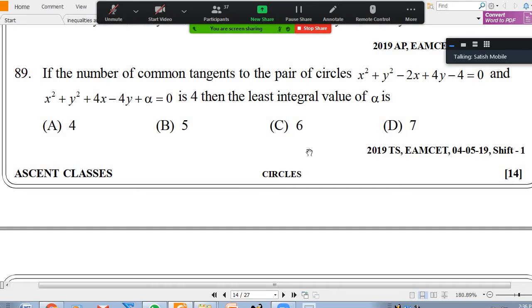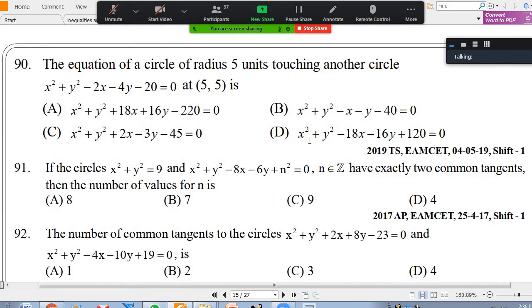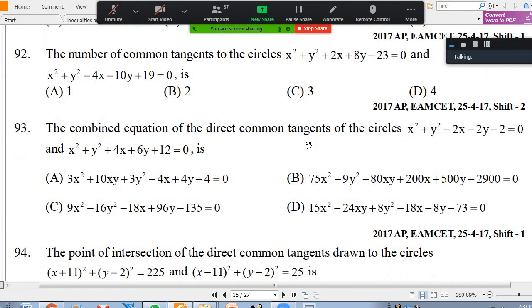Okay, 89. Okay, 90 or 91, any doubt? 92 or 93?